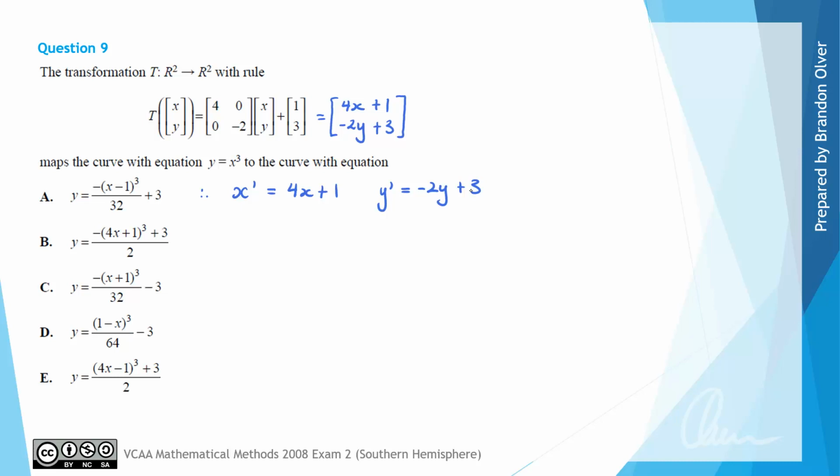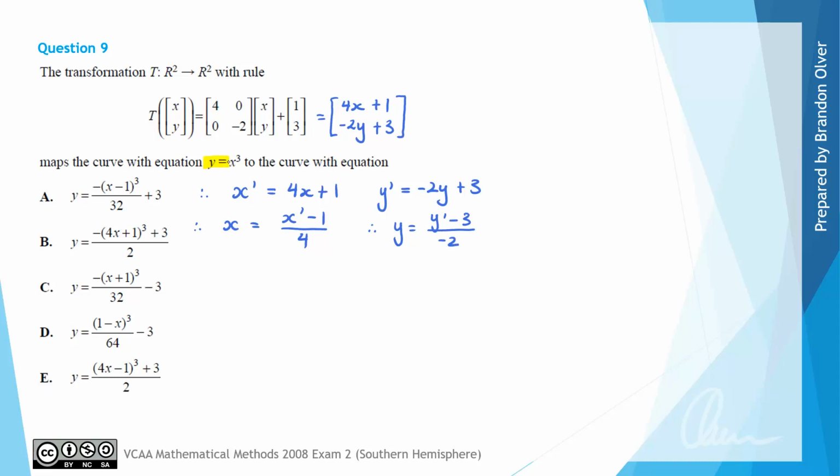But if we use this more robust method, we should be able to work out the correct equation. The next step is to get x by itself and y by itself. For x, we subtract 1, so we end up with x dash subtract 1, and then we divide that by 4. For y, we take y dash, subtract 3 from it, and then divide all of that by negative 2.